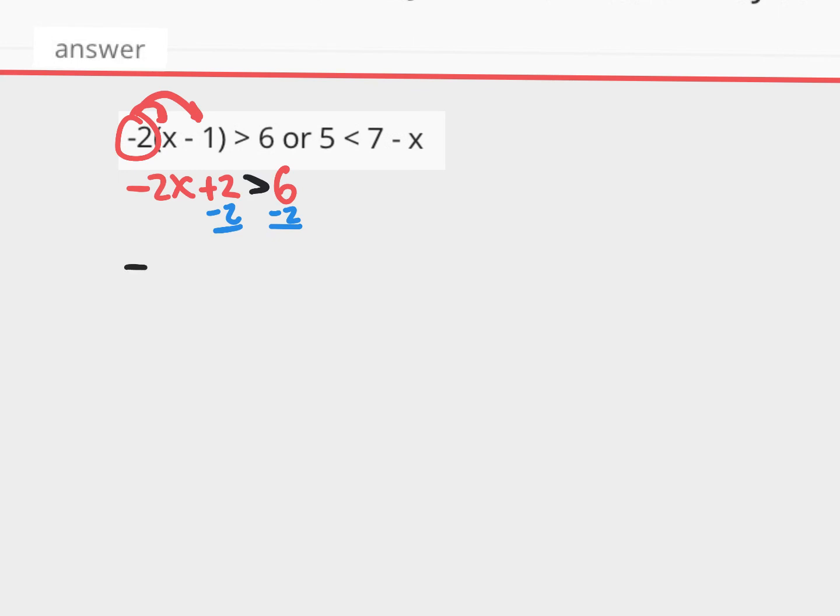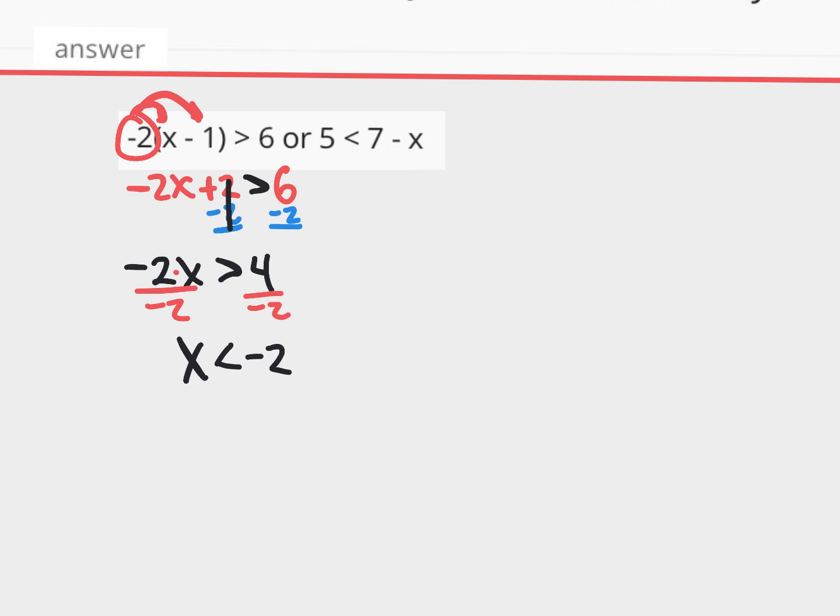What I have now is -2x is greater than +4. My final step is to divide by -2 and divide by -2, giving us x is, I need to flip the inequality because I divided by a negative, x is less than -2.